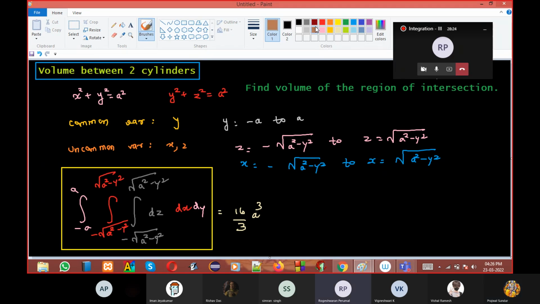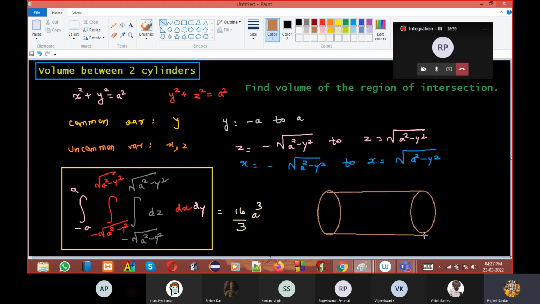See ma'am's sheet page 7. Visualization is very difficult for something like this. They will just draw as much as possible. You have one cylinder like this, which will cut like this, and another cylinder.